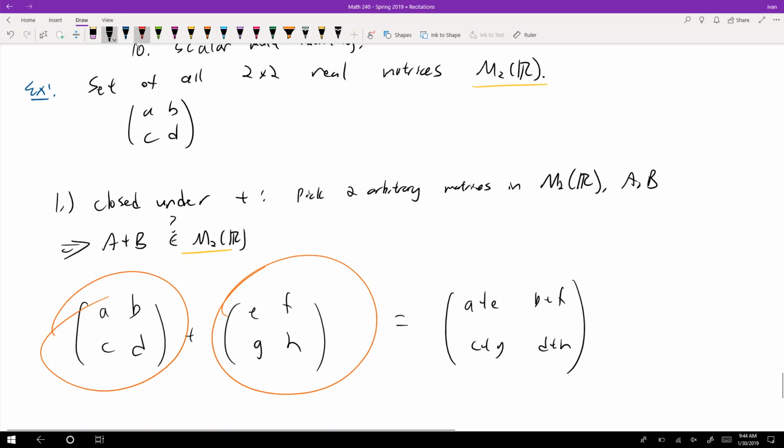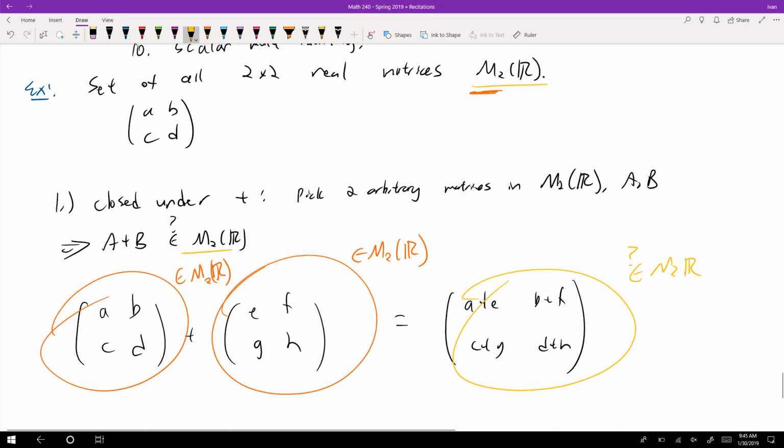First of all, this first matrix, A, B, C, D, is in M2R, right? It's an element of M2R. Remember, M2R is a set of matrices. The set of all 2 by 2 matrices is M2R. So this guy is in M2R. This guy is in M2R. The real question is, is this matrix in M2R? It is, right?